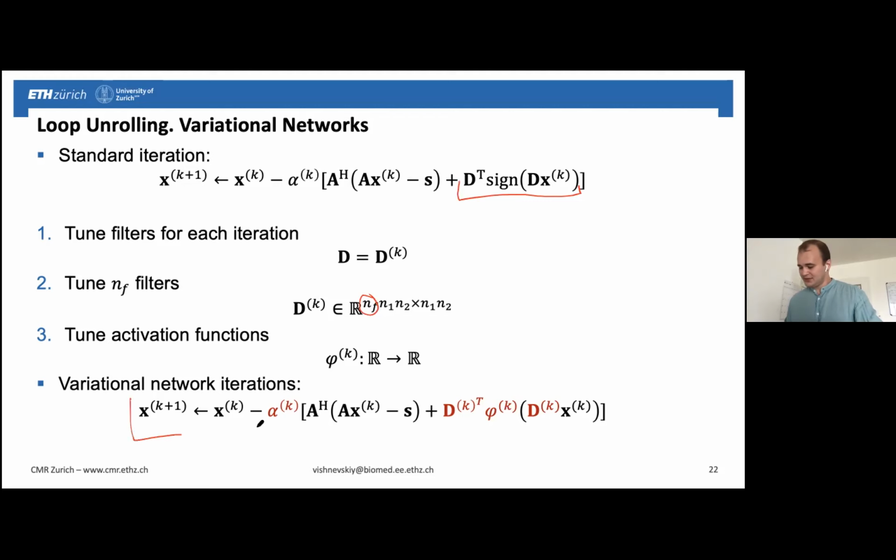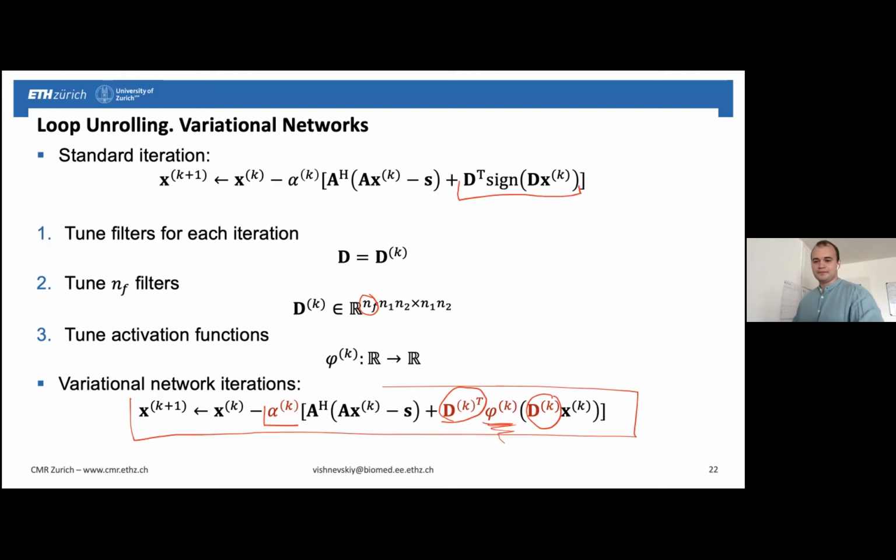And this is the standard iteration of the vanilla variational networks that were originally proposed by Kerstin Hammernik and Thomas Pock. So at this point, to reiterate, we learn the step length, the convolutional filters, and the activation function at each step.